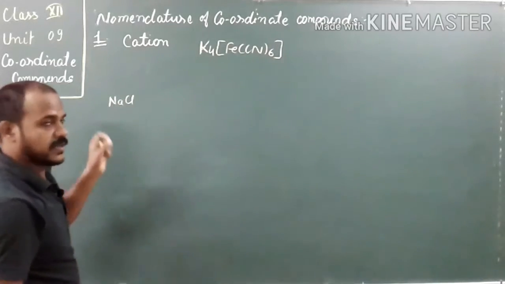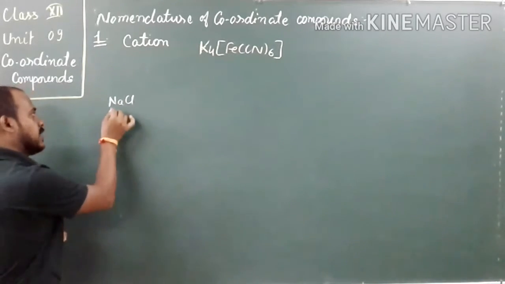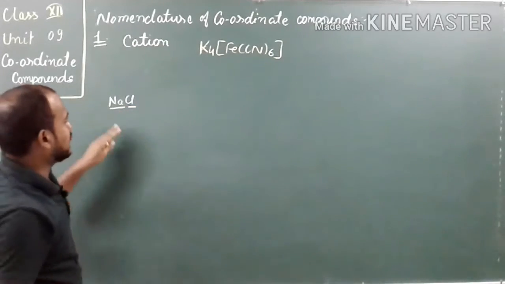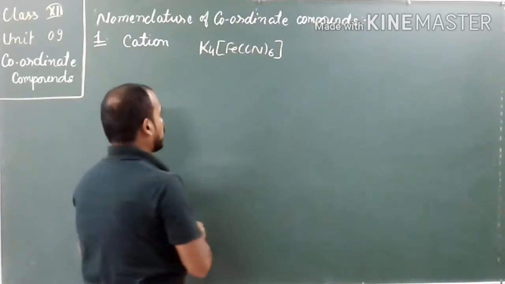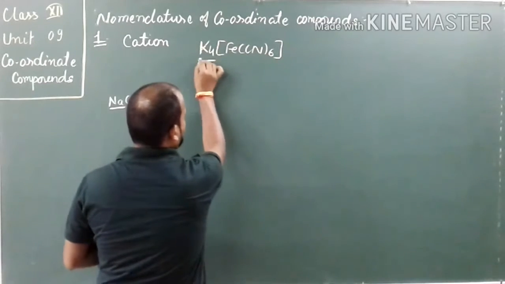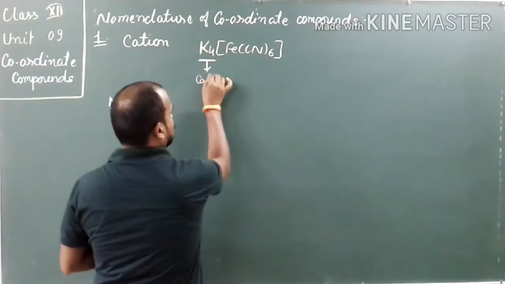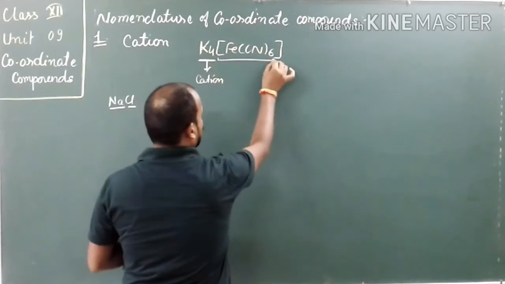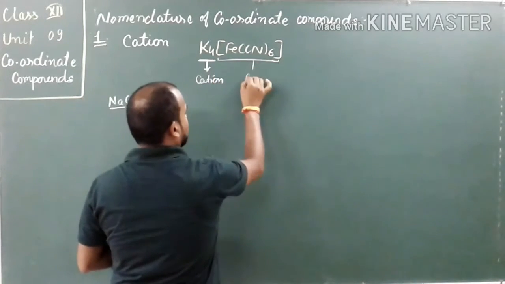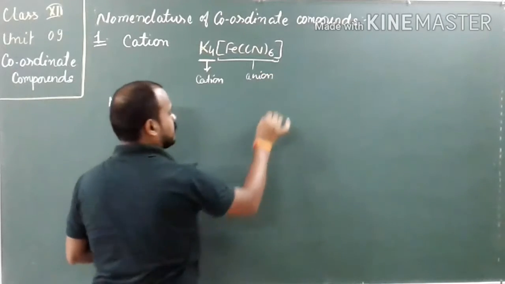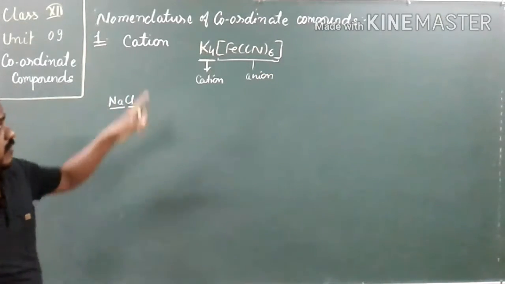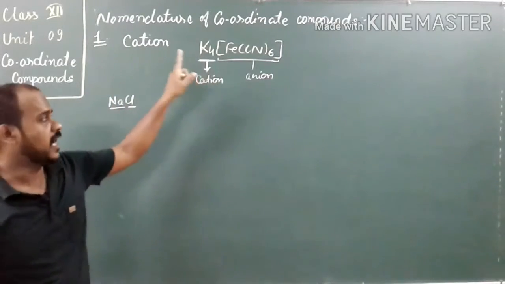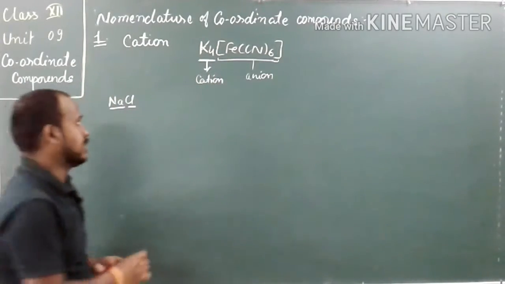In NaCl, which one is the cation? The first element is the cation and after that the anion. Like that, here this potassium is the cation, and the rest of the part is the anion. So first is the cation, then the anion. We will write first the name of the cation, after that the name of the anion.